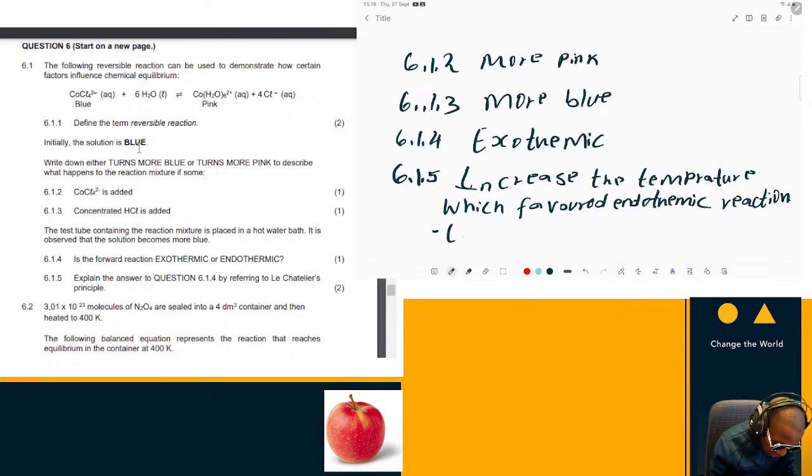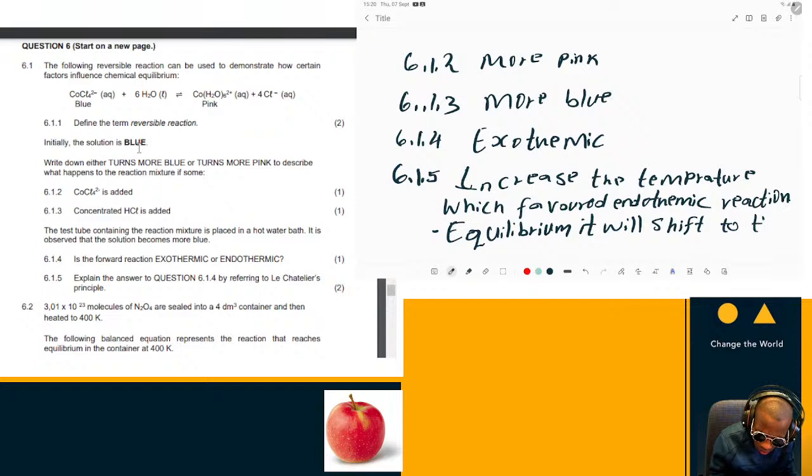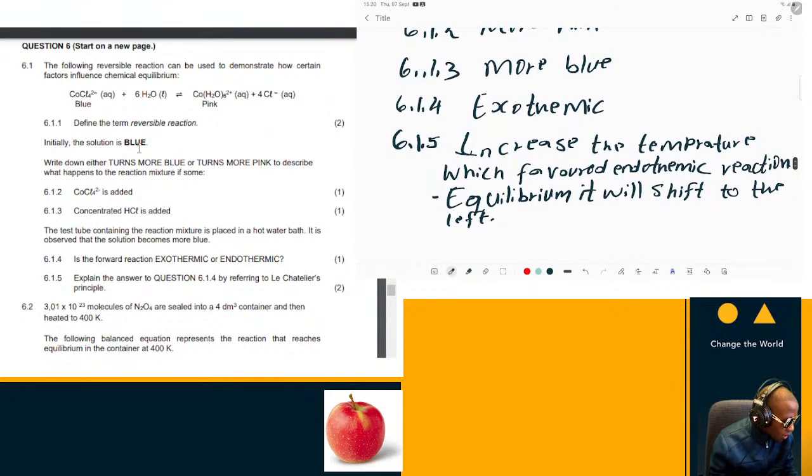So now our equilibrium will shift to the left.